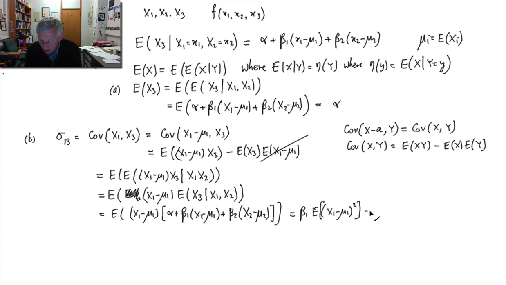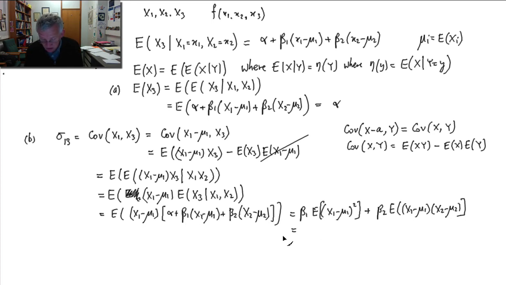And here I've got beta 2 times the expected value of x1 minus mu1 times x2 minus mu2. And that by definition is the covariance of x1 and x2.